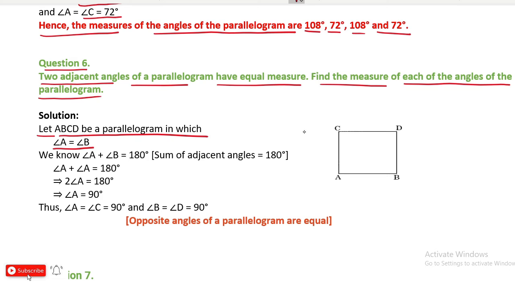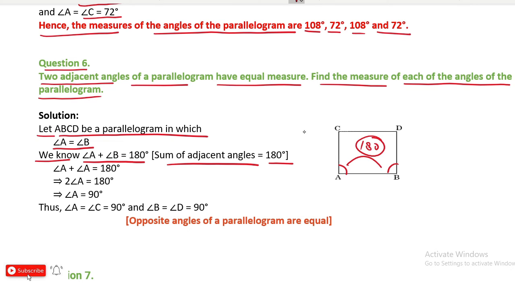Then angle A is equal to angle B, and we know that the sum of two adjacent angles is equal to 180. So we can write here, angle A plus angle B is equal to 180. Sum of adjacent angles is 180.